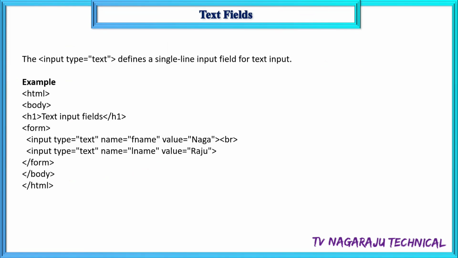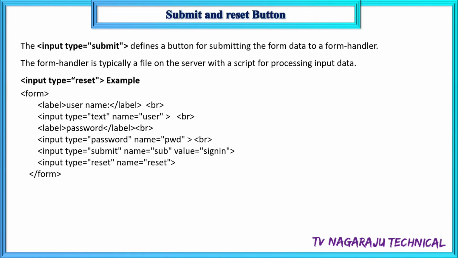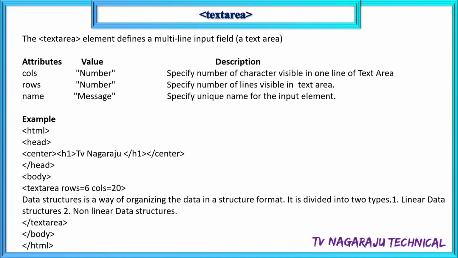Text field, we already discussed this. Radio button, checkboxes, submit, reset button, we will discuss anywhere. Next one is text area. Till now, type equal to text means only one text box is created.